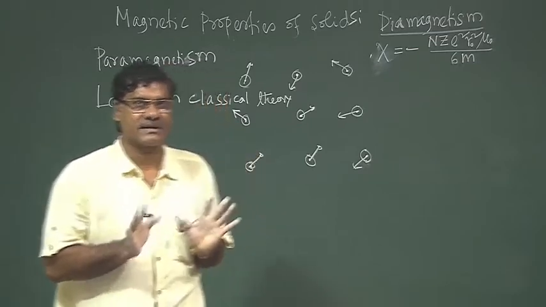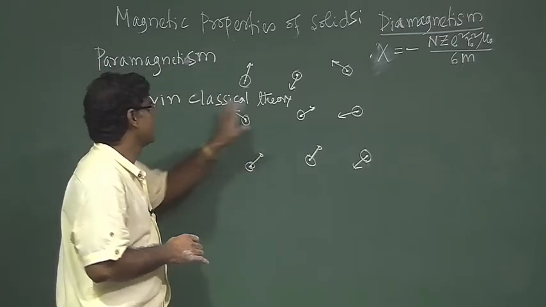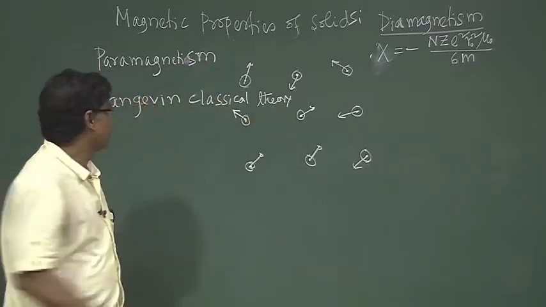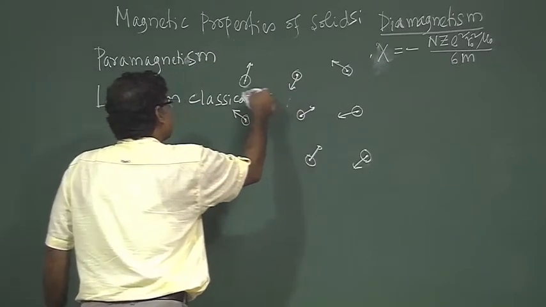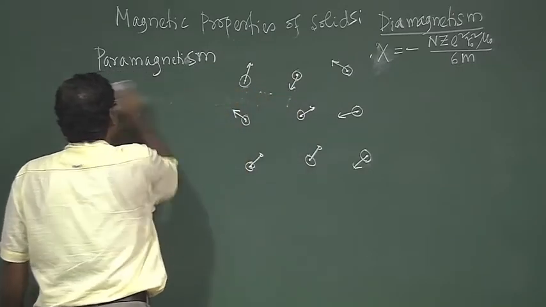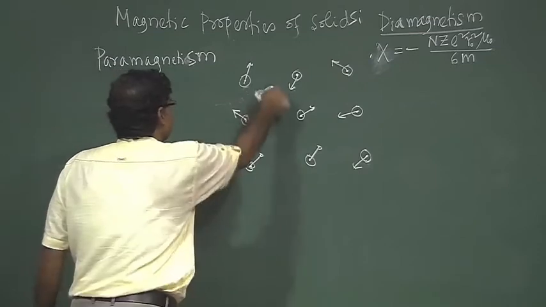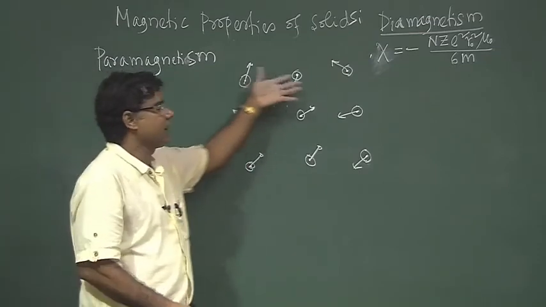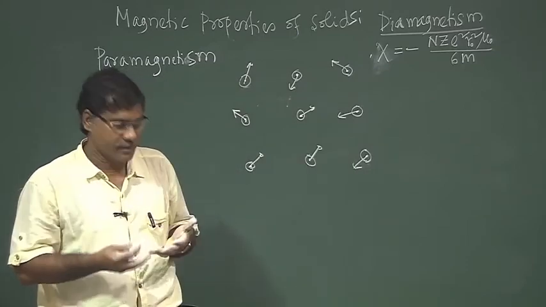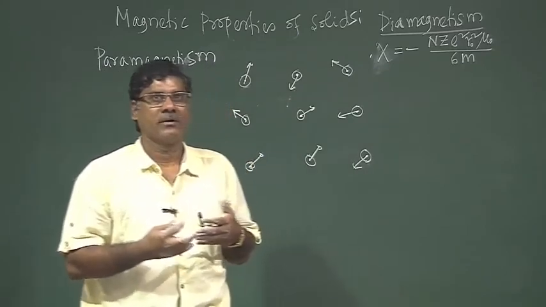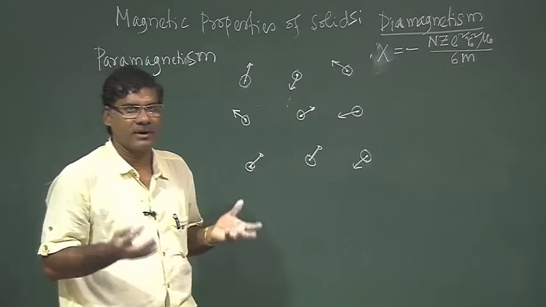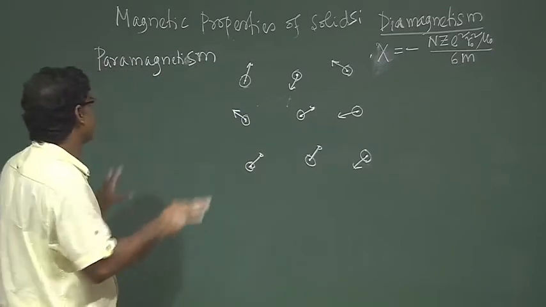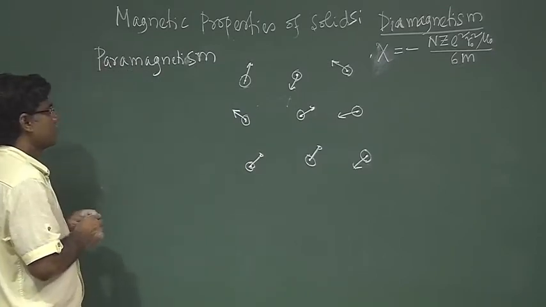We will discuss that later. Let us discuss the classical theory. According to classical theory, it is assumed that this magnetic moment can rotate in any direction, free to rotate like a gas molecule.